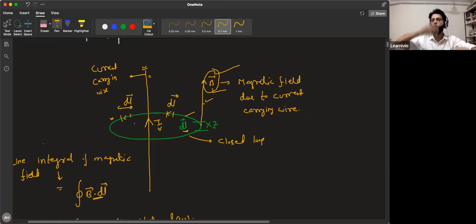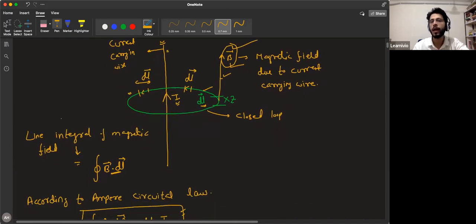Throughout the loop, you choose line elements and take their dot product with the magnetic field, so you get B dot dl, and you integrate it over the entire loop. It's a closed loop, so I put a closed sign here. That's the closed integral of B dot dl. This is the line integral of magnetic field.